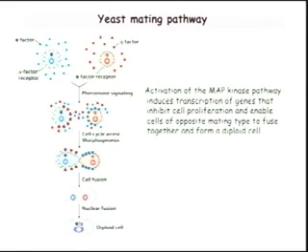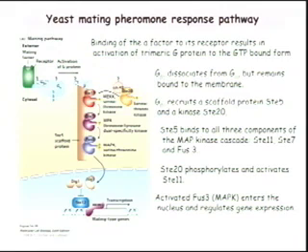So the signaling cascade that's produced by these alpha or A factors goes through G protein coupled receptors. The first step of activation is the same as the G protein receptor activation. So the alpha factor or A factor binds to their receptors. The receptor binds to the trimeric G proteins and allows the dissociation of G alpha subunit from the beta gamma.